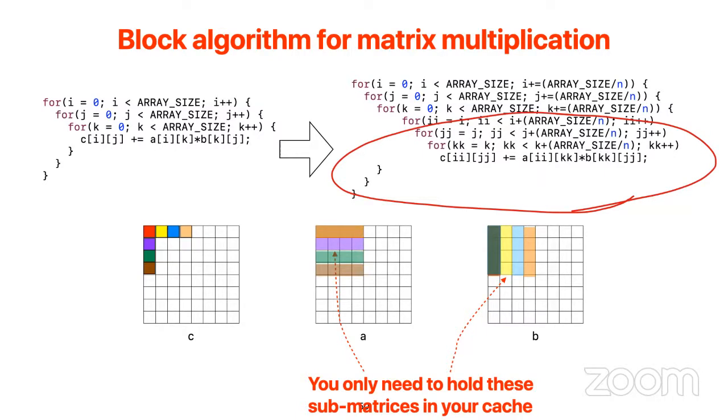When I visit another sub-block, I aggregate the sum into that sub-block again. In this way, every time I calculate a sub-block, the size of data that I have to cache will not exceed the capacity of my cache, so I can remove the capacity misses significantly. That's why the block algorithm is useful.